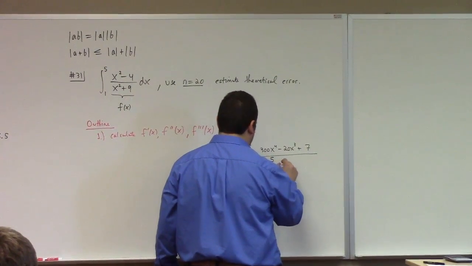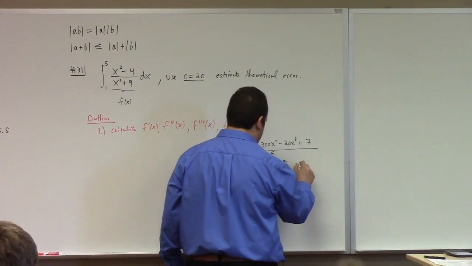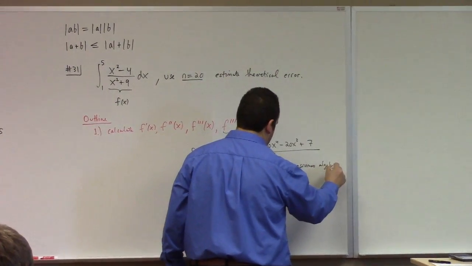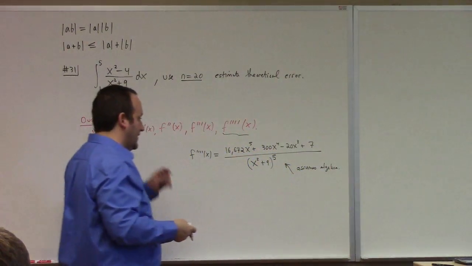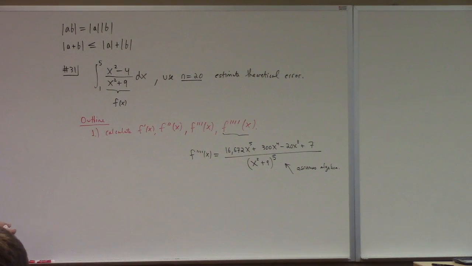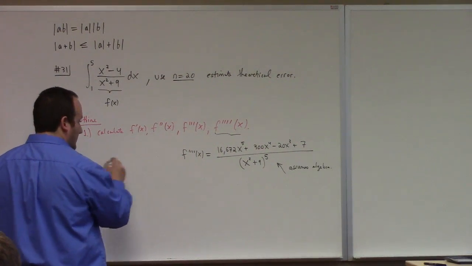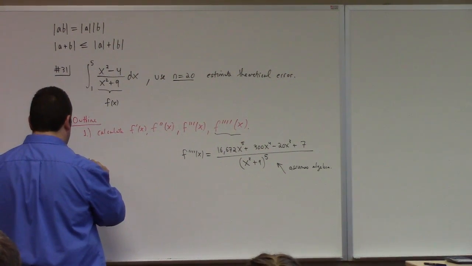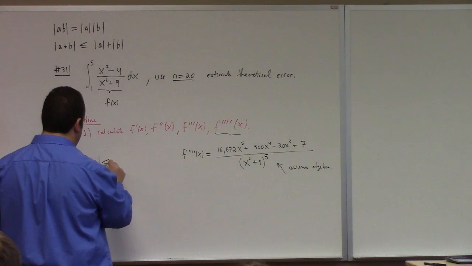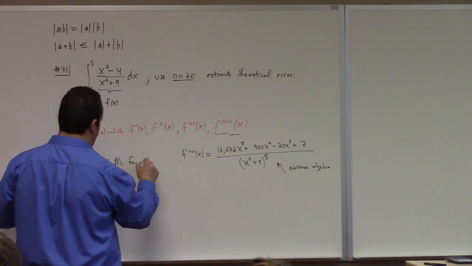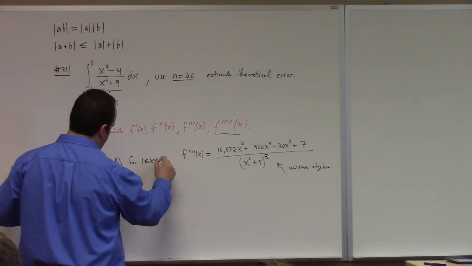Fifth, but this assumes you've done some algebra. Sixth, if you don't do the algebra. So it's something like this. The question then is, you want a bound for the fourth derivative of f, to be less than or equal to M, for 1 less than or equal to x less than or equal to 5.